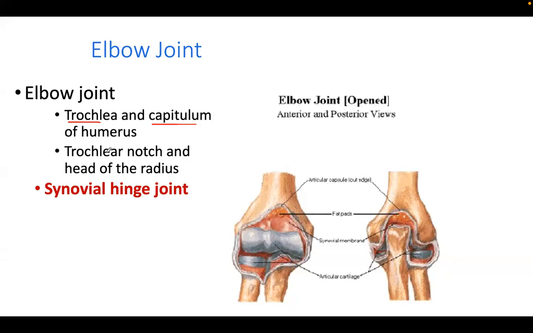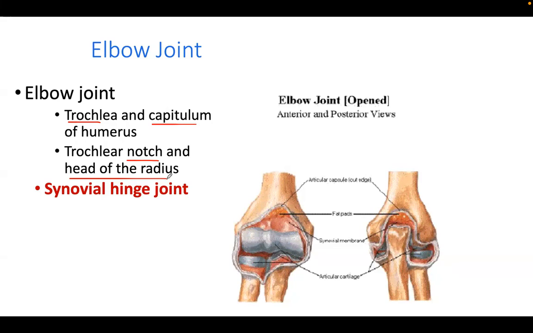And don't forget, there's the trochlear notch as well as the head of the radius. So what type of joint is the elbow joint? It is a synovial hinge joint.